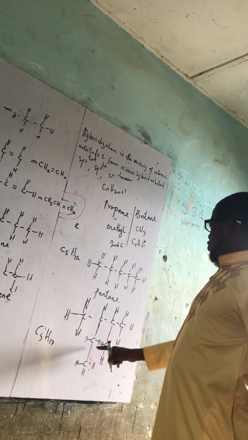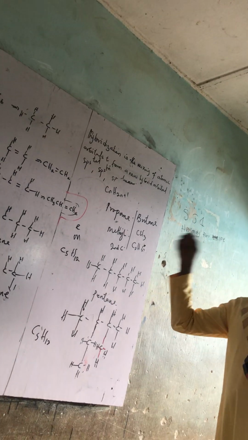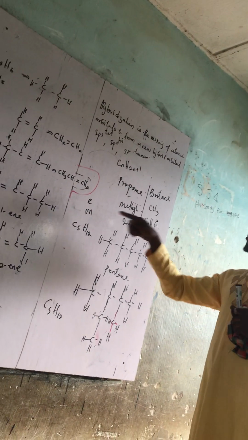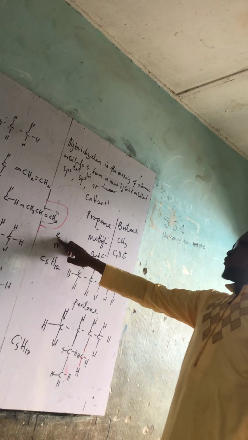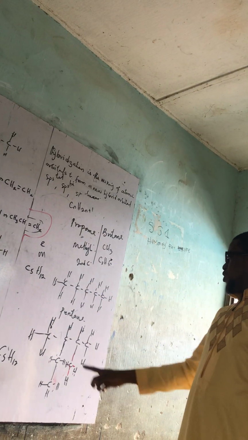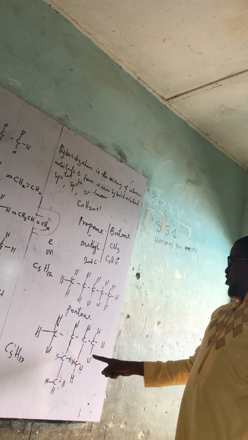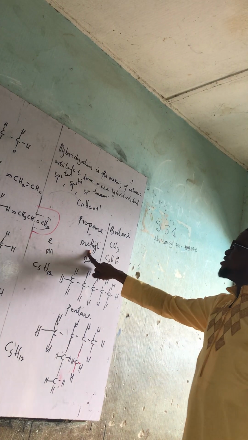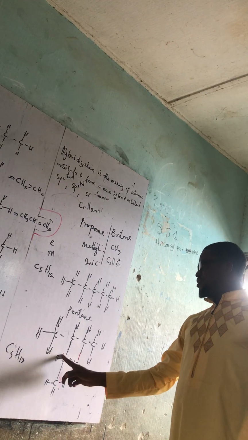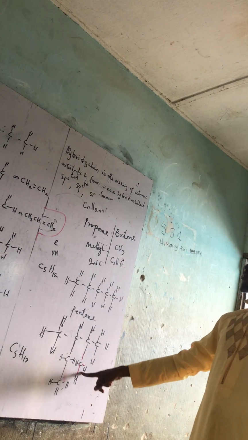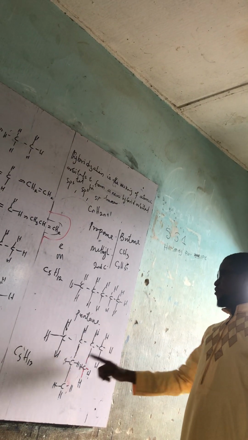Ethyl, this one is E. Methyl, this one is M. E comes before M in A, B, C. So we are going for the ethyl first. So we are going to say 2-ethyl 3-methyl propane. The longer chain 1, 2, 3, 4, 5, propane.